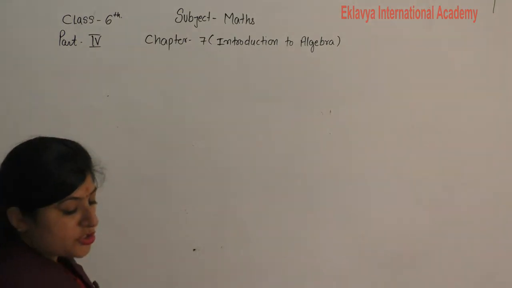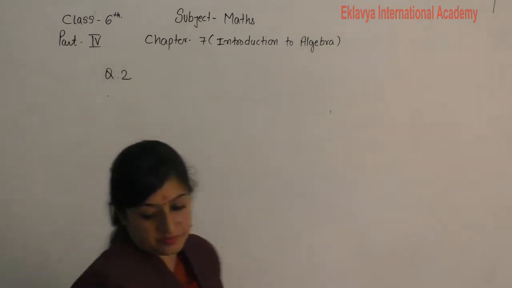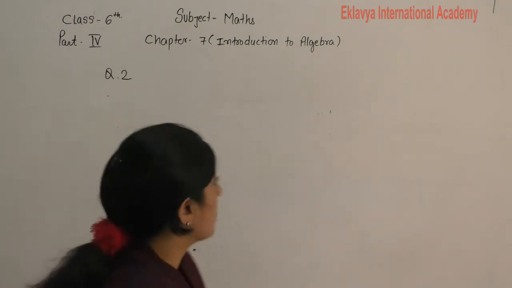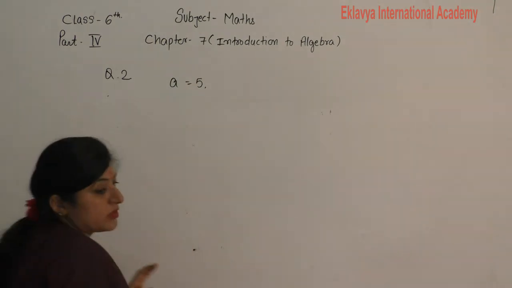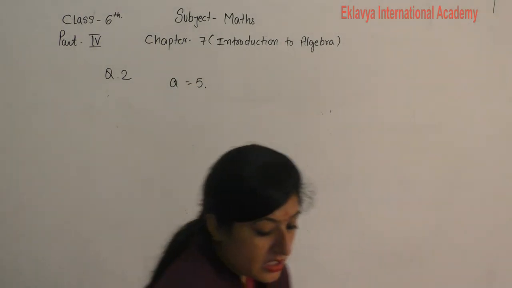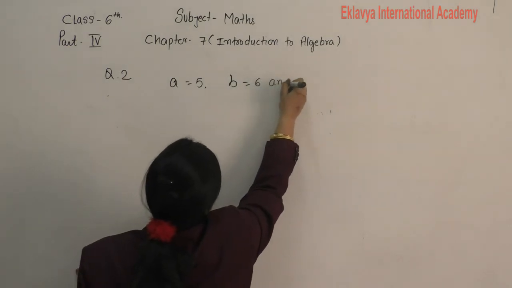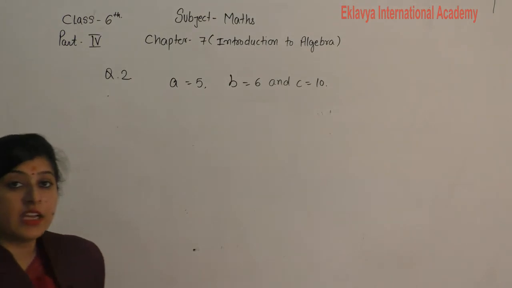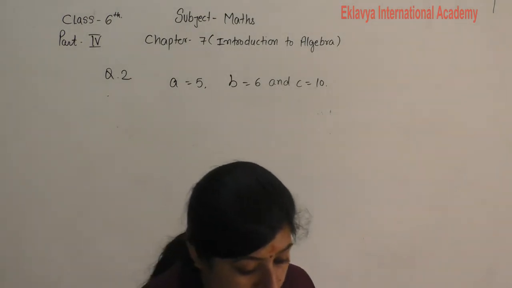Now see question number 2. If a is equal to 5, more than one variable, b is equal to 6 and c is equal to 10. A is equal to 5, B is equal to 6, C is equal to 10.